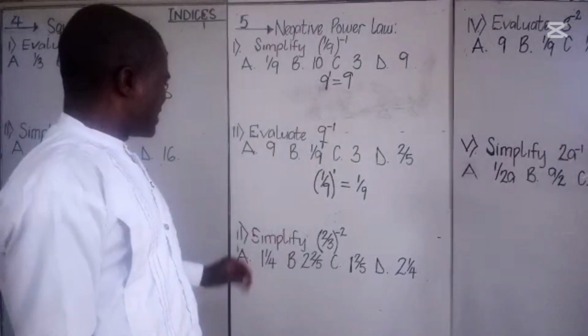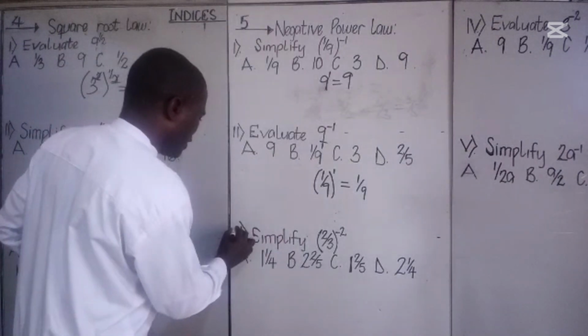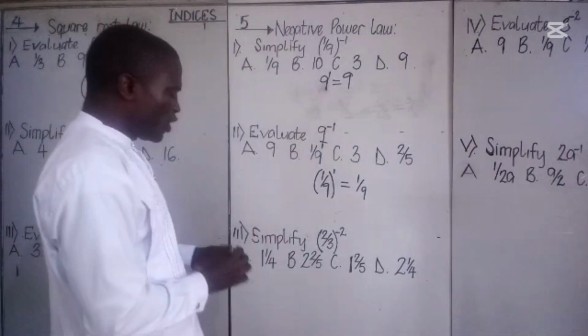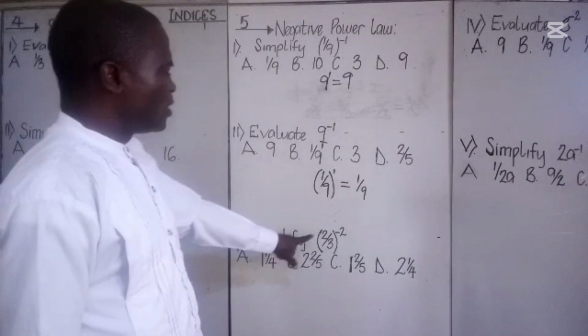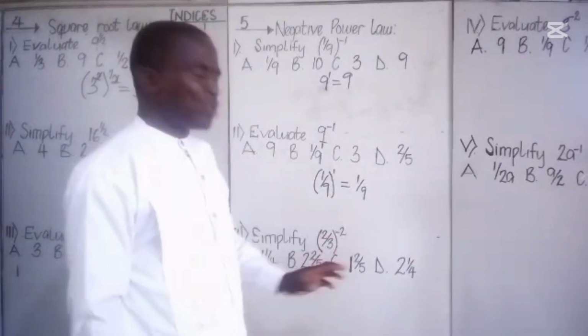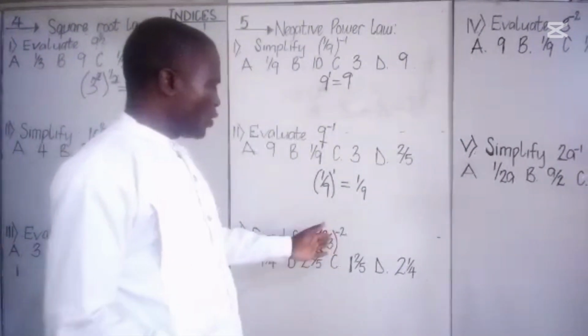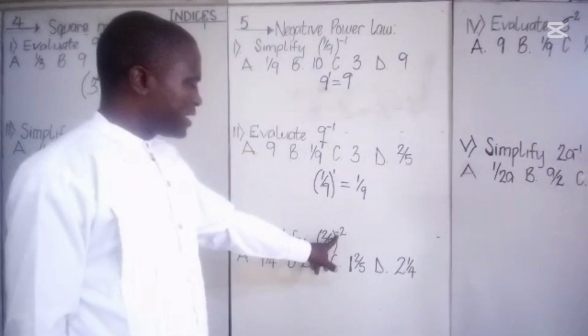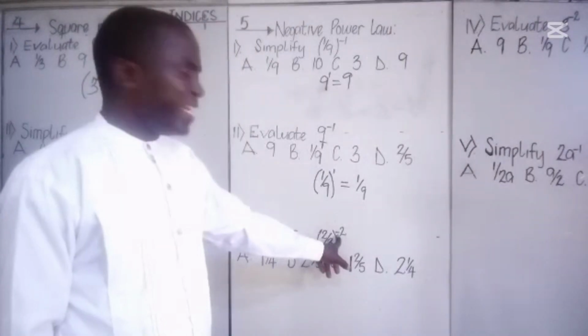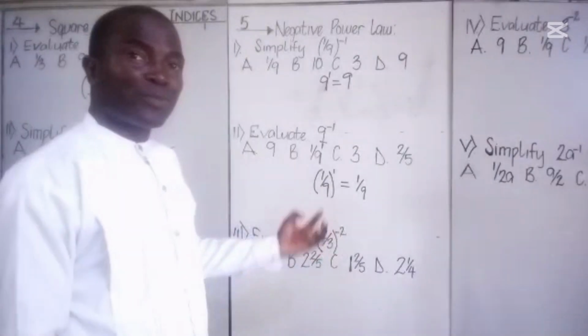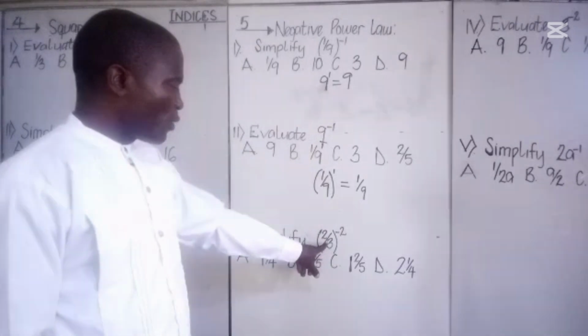Now let's look at example 3. Example 3 says simplify 2 over 3 raised to power minus 2. Now look at it. This is a negative power again, so we're going to use the concept of the negative power law to solve the problem.